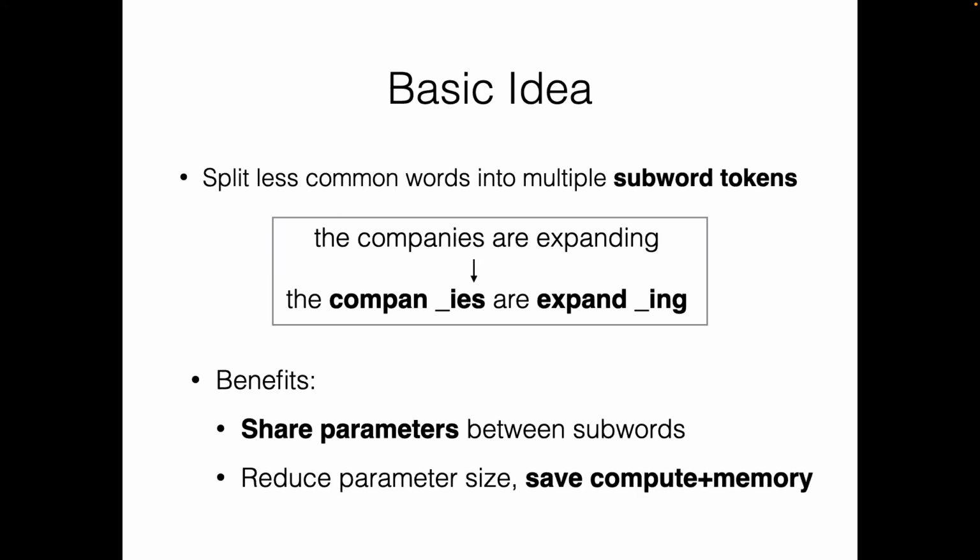Also, when you think about it, suppose we have the entire internet, and then we create this vocabulary. Vocabulary means the set of all tokens. Let's say we create this vocabulary with every possible word on the internet. Can anyone think of an issue with that?